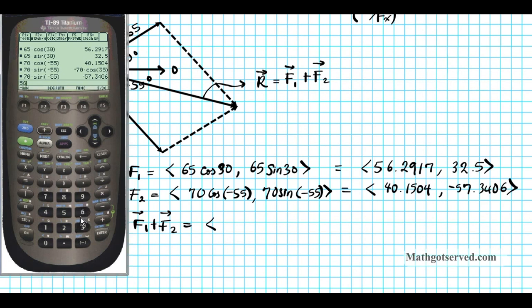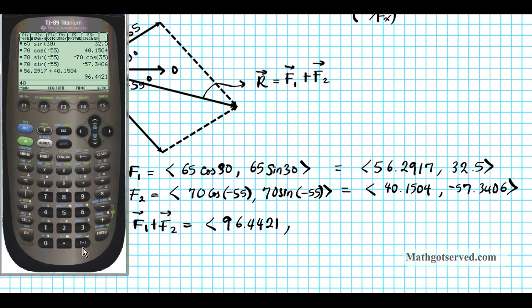And then for the y component, let's do that. We're doing 32.5 plus negative 57.3406.